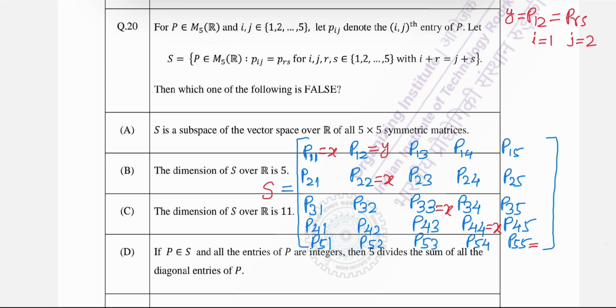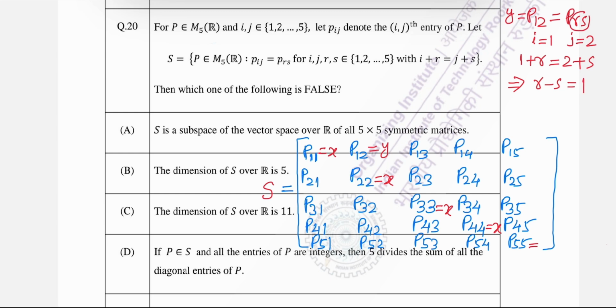The second condition is 1 plus r equals j plus s, j is 2, so from here we have r minus s equals 1.